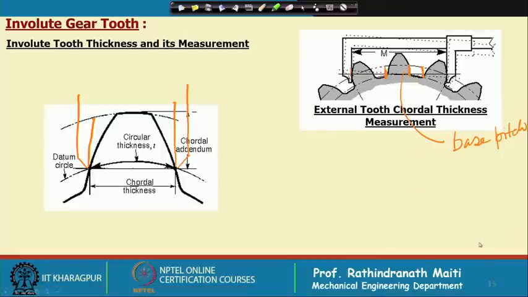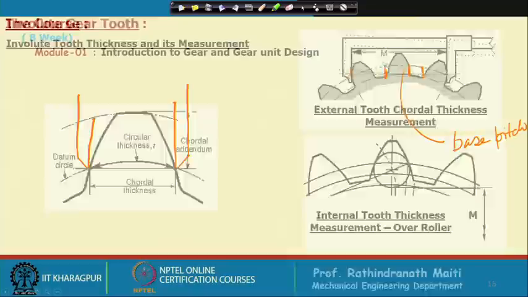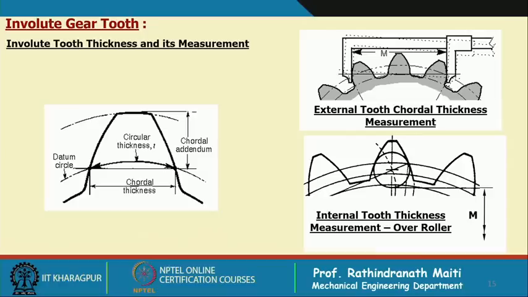Next to that, if we would like to measure, this measurement is also possible by putting a pin here. We can measure the teeth by measuring over the pin on the external gear, but in case of internal gear we cannot measure over the teeth as is done in case of external gear, and in that case the best method is putting a roller inside.